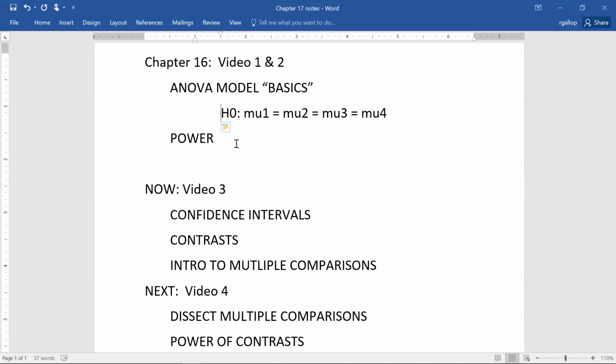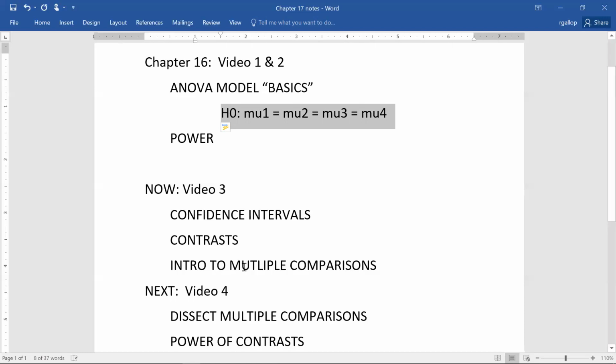Then from there, or I guess intermixed in there, we're going to talk about multiple comparisons. So when we start looking at the alpha level of the model, it is set for this null. But when we start dissecting things with confidence intervals, comparisons, or what we call contrast, there's an alpha associated with each of those.